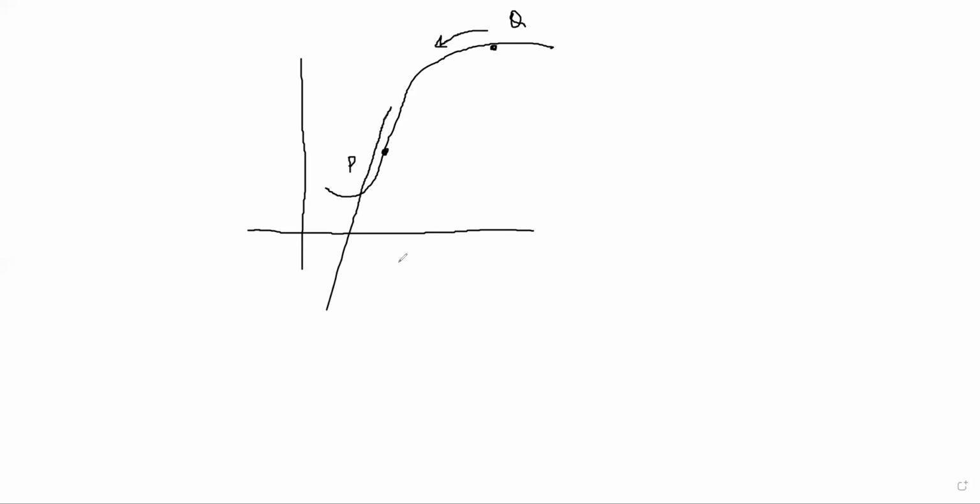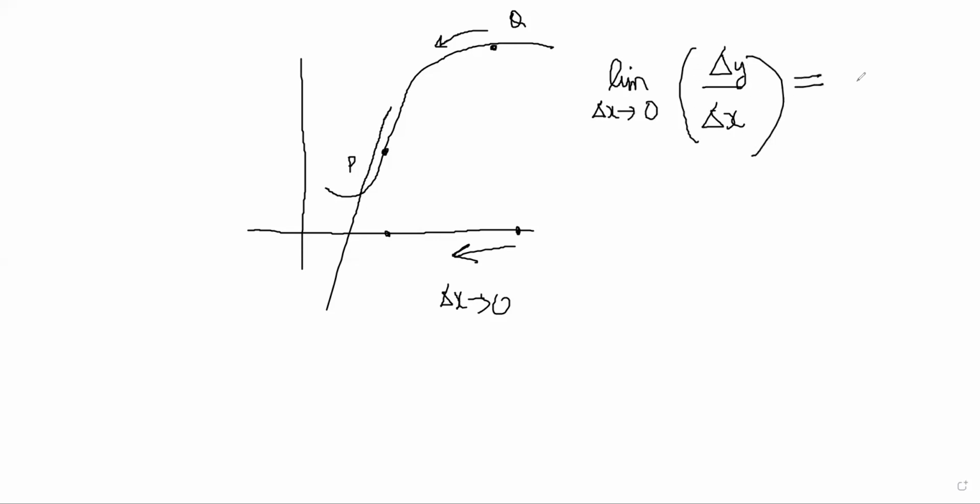Yes, sir. So this point and this point, now you are still going to find del y by del x, but what you are making is that del x is tending to 0, right? So limit of del x tends to 0, this rate will become some value, and that will be the instantaneous rate of change of the function at p.